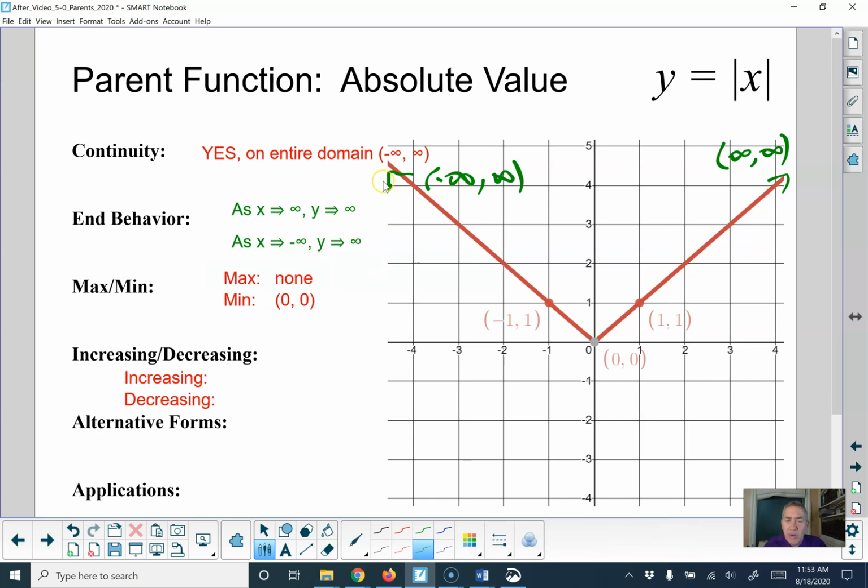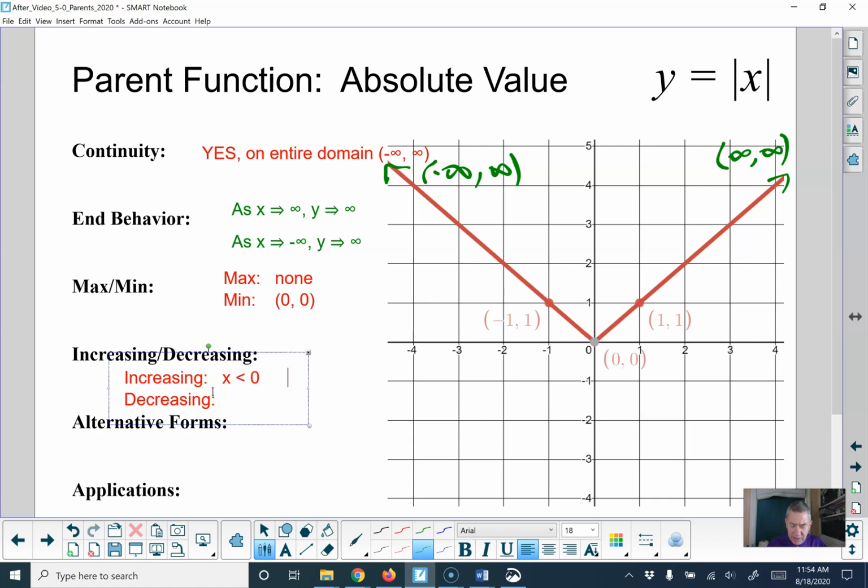You notice also, we're talking about left to right when we talk about increasing and decreasing. As you start on the left, we're decreasing. We are going down until we get to (0, 0), at which point we start increasing. So it's decreasing when x is less than 0. That's also known as the interval negative infinity to 0. So you can write that either way, as an inequality or in interval notation.